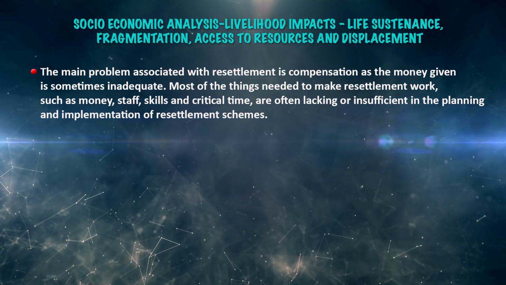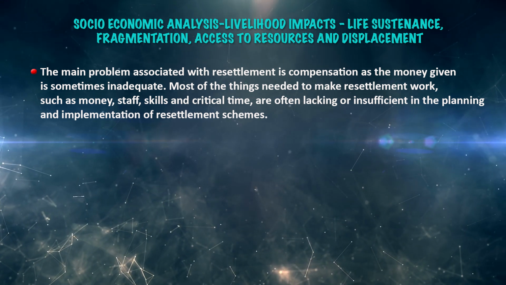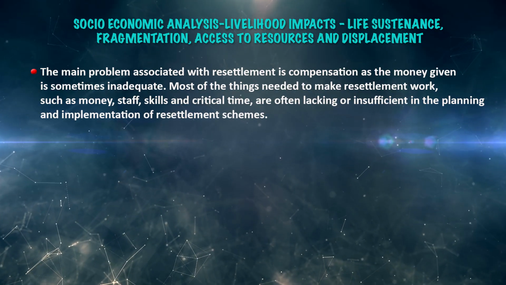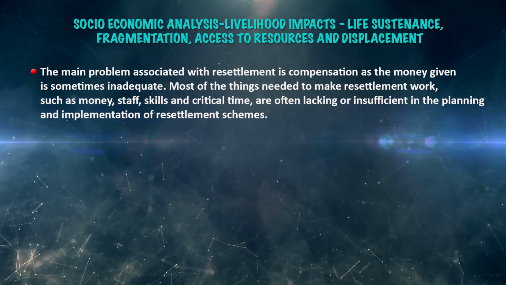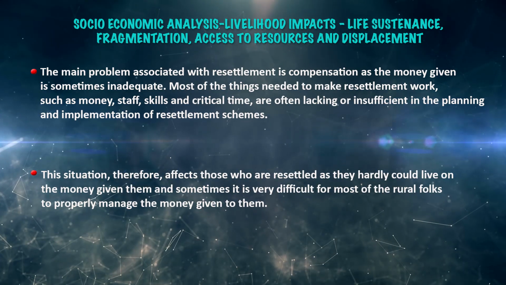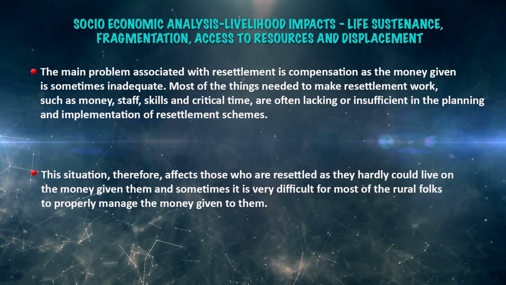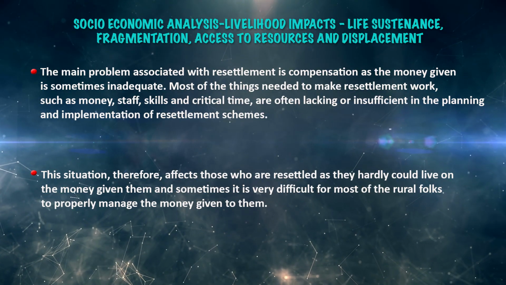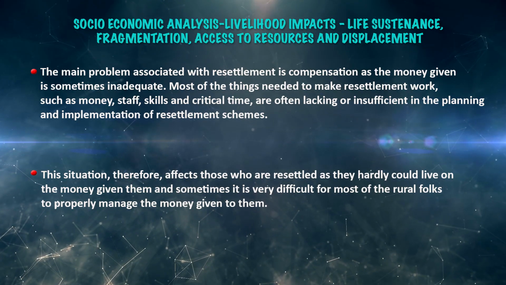Most of the things needed to make resettlement work, like money, staff, skills and critical time, are often lacking or insufficient in the planning and implementation of resettlement schemes. So this situation affects those who are resettled, as they hardly can live on the money given them, and sometimes it is very difficult for most rural folks to properly manage the money given to them.